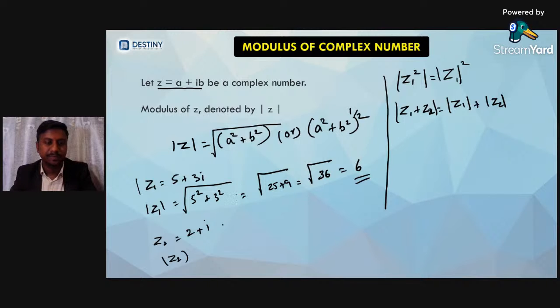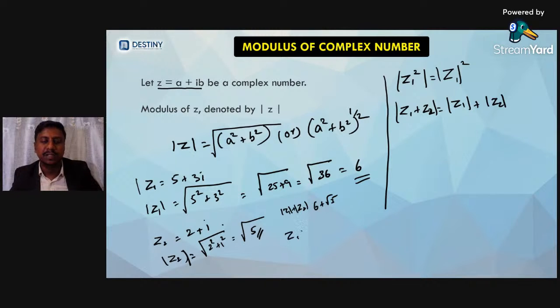Yes. So mod of z2 will become square root of 2 square plus 1 square, which is square root of 4 plus 1, that is root 5. So 6 plus root 5 is nothing but mod z1 plus mod z2.